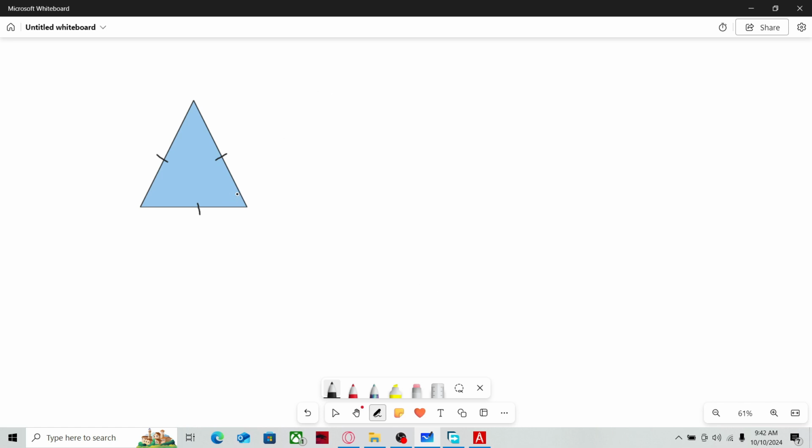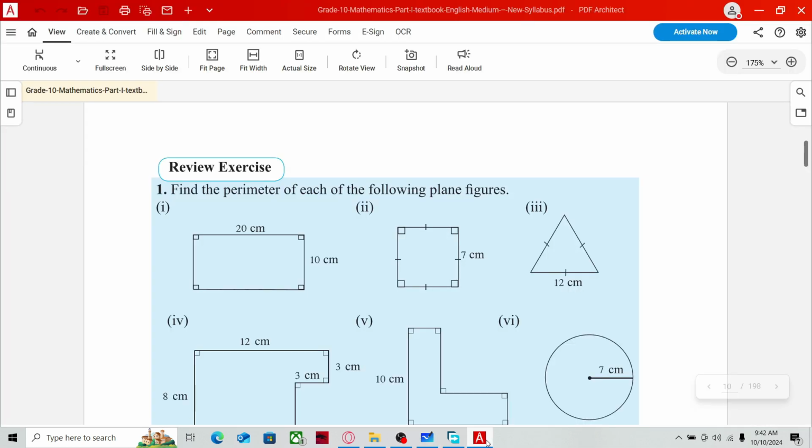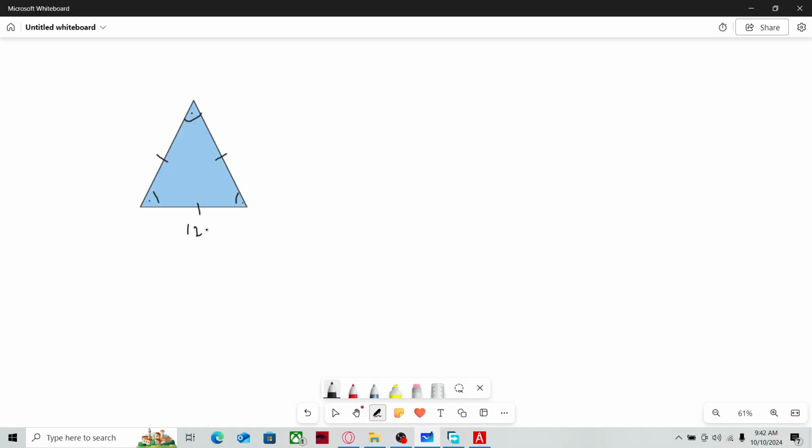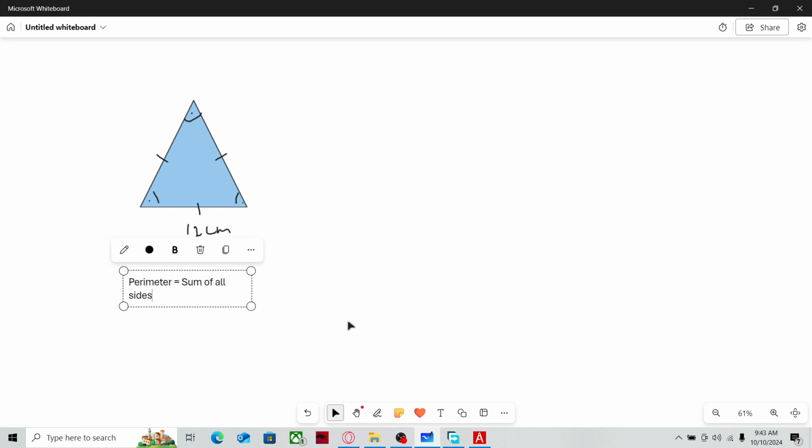That means you have an angle here, right? Here and here. These angles are equal, and the sides are equal as well. So according to the data, what is the side given? 12 centimeters. So what is the formula? Like I said, there is no formula for a triangle, but you know the concept of perimeter means the sum of all sides, or in this triangle's case, the sum of the three sides.